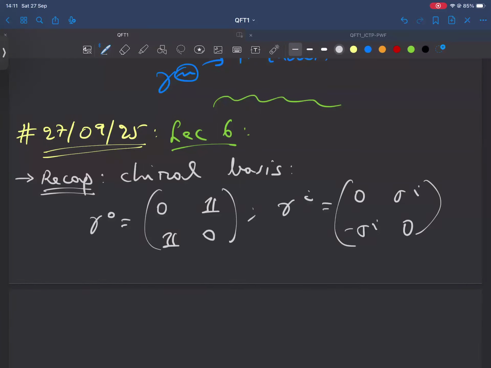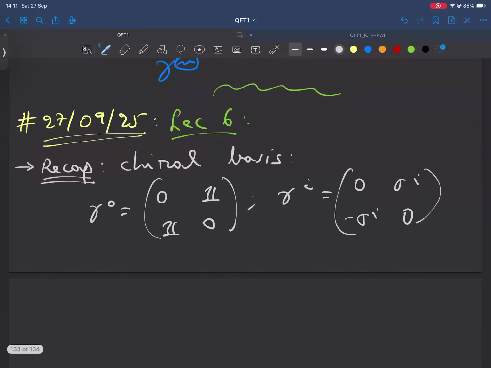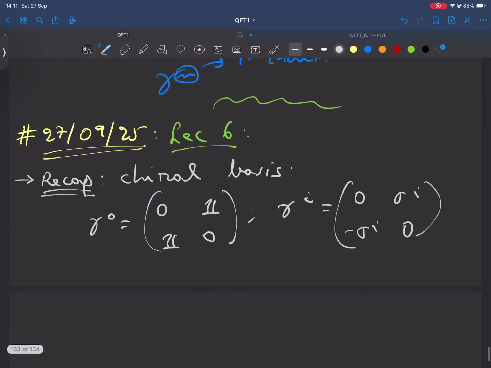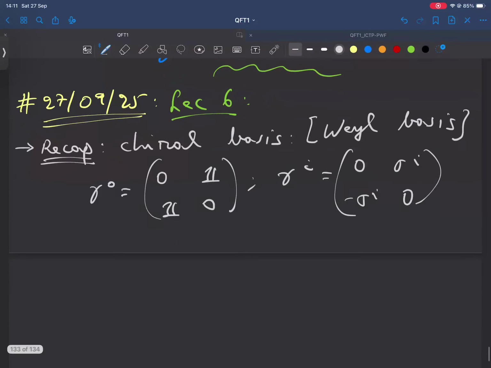So we will see. Okay, so this was the chiral basis that we defined, and we did some computations in this basis. It's also called the Weyl basis. We will see why it's called the Weyl basis. In this basis, we said that the rotation and the boost spinor representations looked something like this.